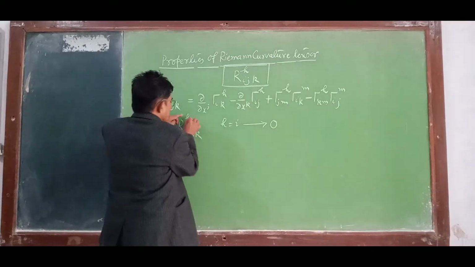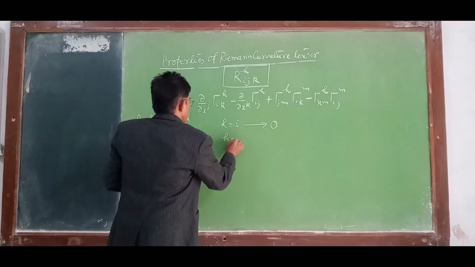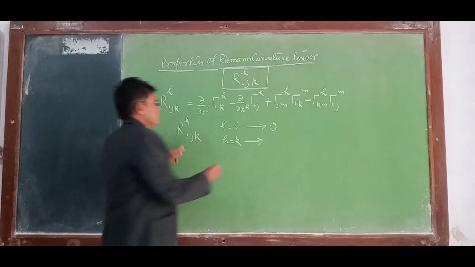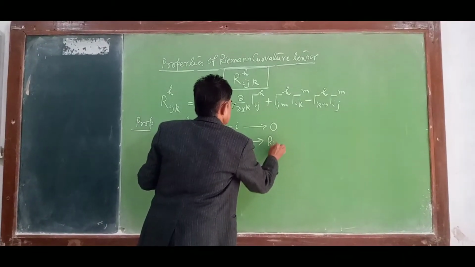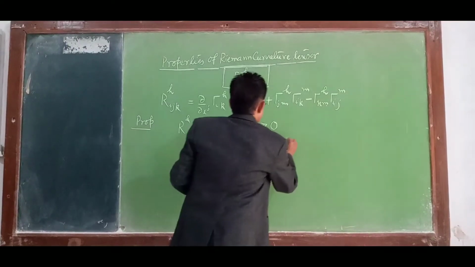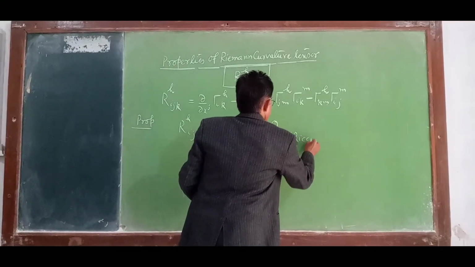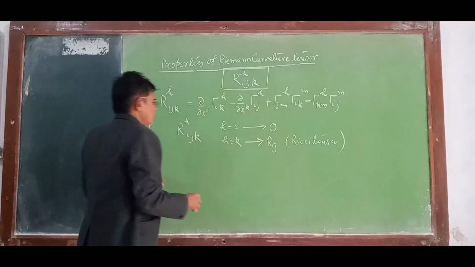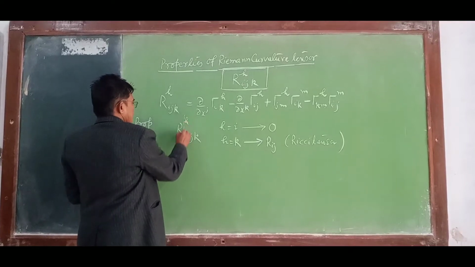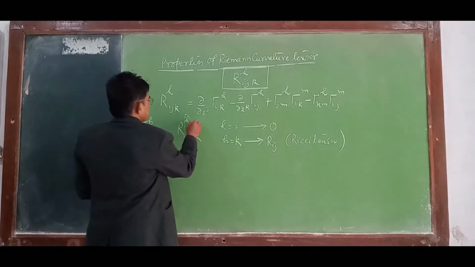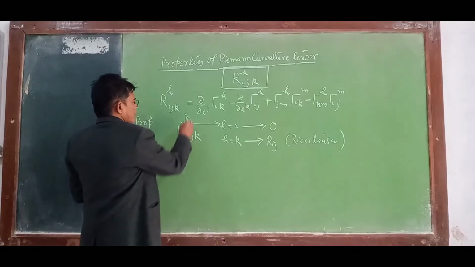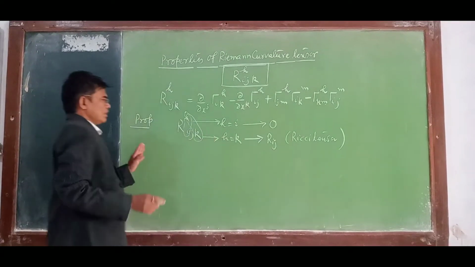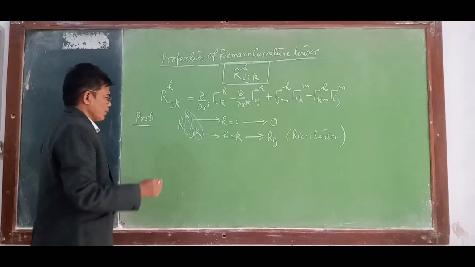And if h is equal to k, then we get the symmetric Ricci tensor, that is R_{ij}. This is the Ricci tensor. So if h is equal to i we get the zero tensor. If h is equal to k, we get the Ricci tensor. This is very important. Now, the proof.